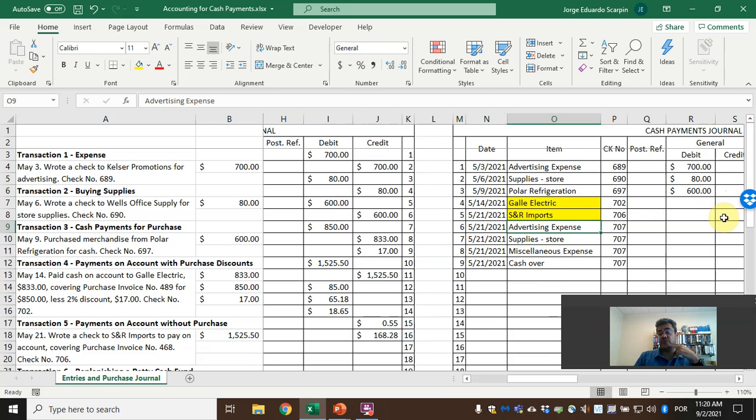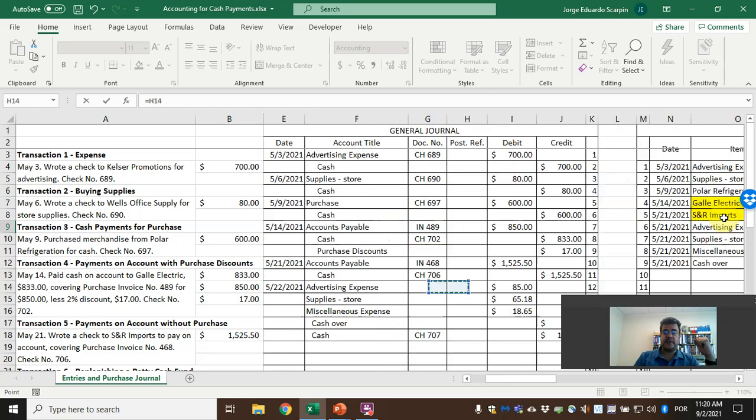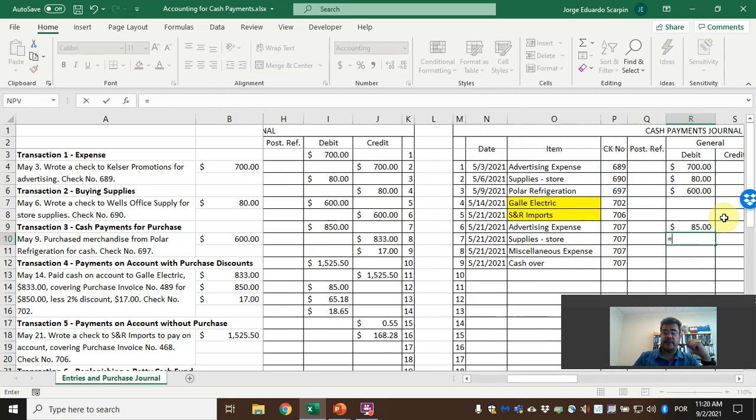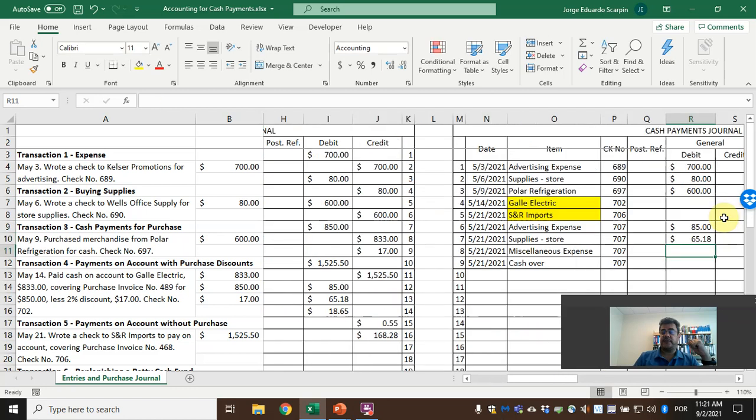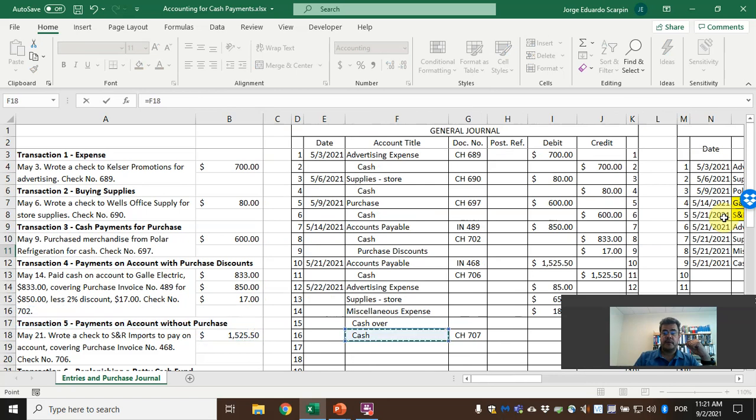So they are not accounts payable. So here, debit, advertising expense, 85. Supplies, 65. Miscellaneous, 18. They are here.